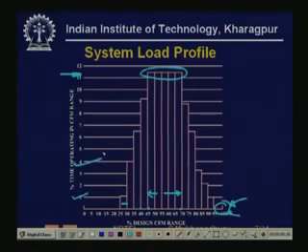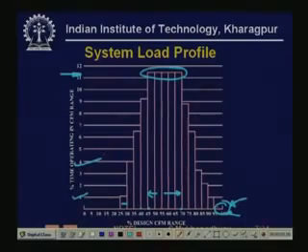So this basically shows that in the total operational time, let us say a day, what is the loading? If you take a particular loading level, for how much does it stay? What percent of the time?